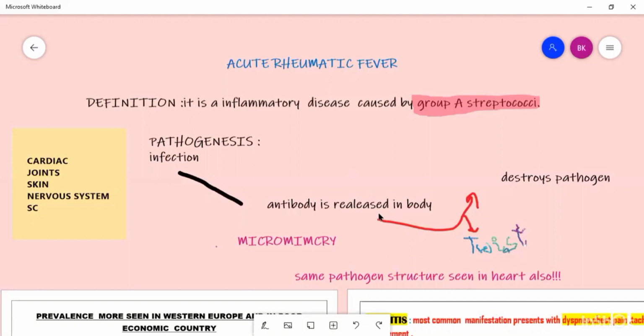So whenever this antibody is released, it is going to destroy the pathogen as well as the heart muscle layer, thereby causing various sequelae of diseases.